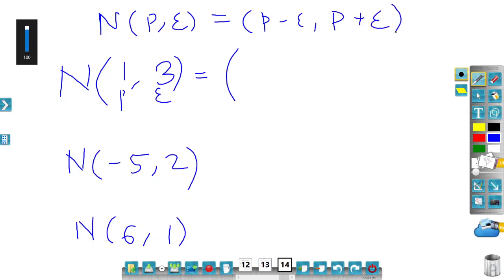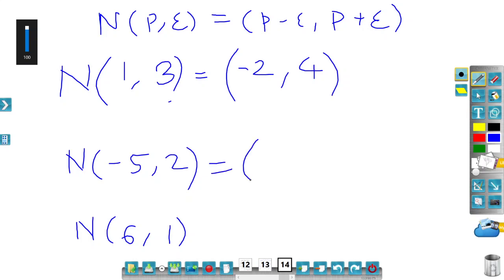So p minus epsilon means 1 minus 3. So 1 minus 3 is minus 2, and 1 plus 3 is 4. So the 3-neighborhood at 1 is (-2, 4).